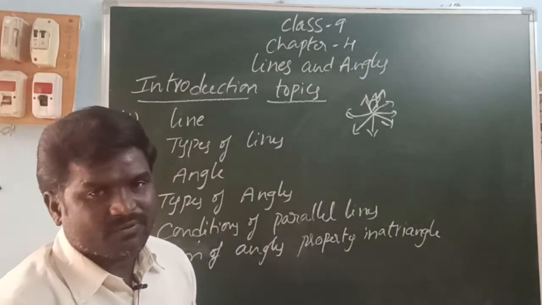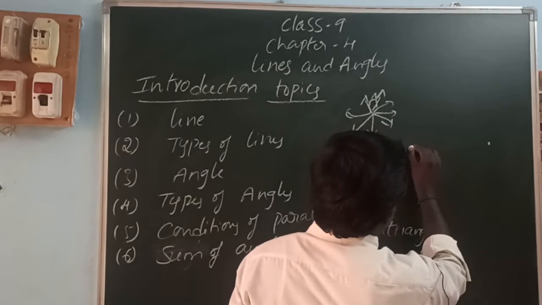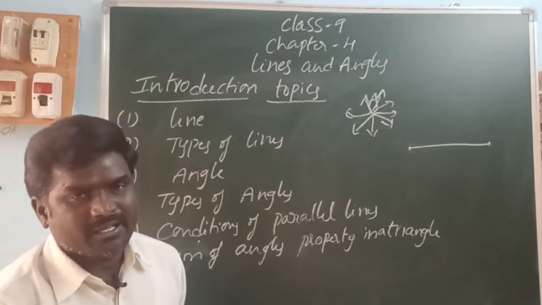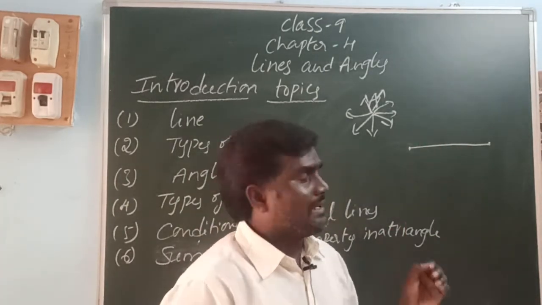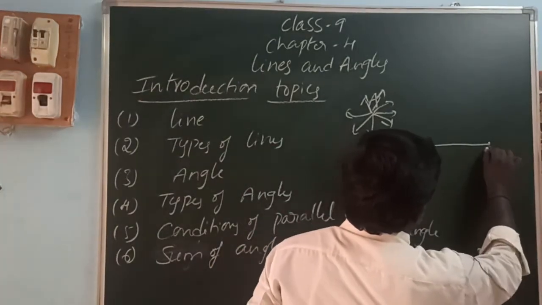In a plane surface which has 2 points, a path joining between the 2 points is called a line segment. The points are denoted by capital letters.